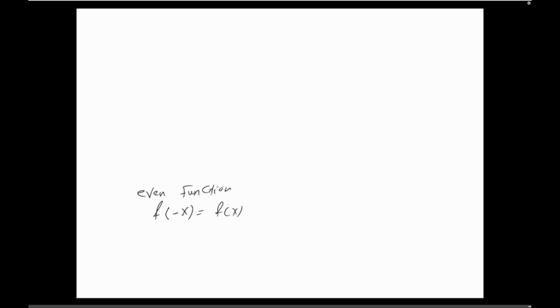So let's suppose we had f of x equivalent to x raised to power 4. We substitute the x with negative x over here. As you guys remember, we said if it's raised to an even power, then it's going to give us a positive. So we get positive x raised to power 4.